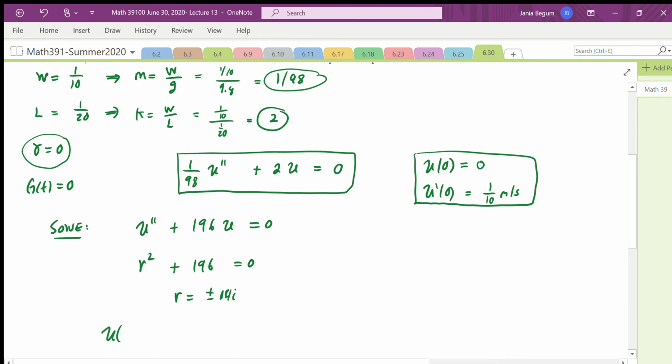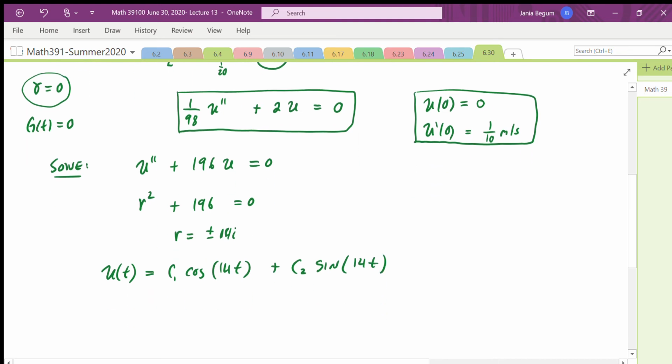Our solution u of t is c1 cosine of 14t plus c2 sine of 14t. Now we apply the initial conditions to solve for c1 and c2. We have u of 0 equals 0, so plugging in 0 for t, sine goes to 0 and cosine goes to 1, so 0 is equal to c1.